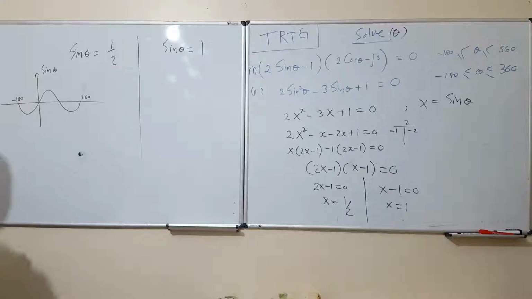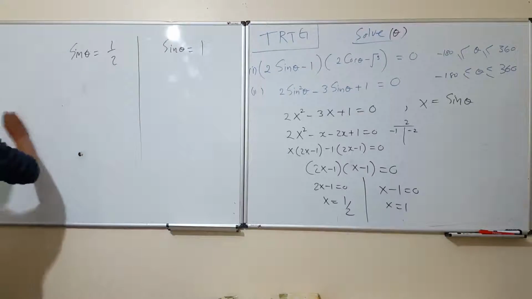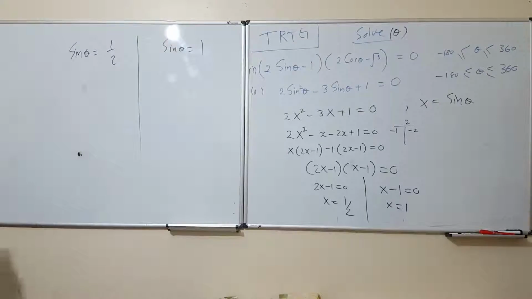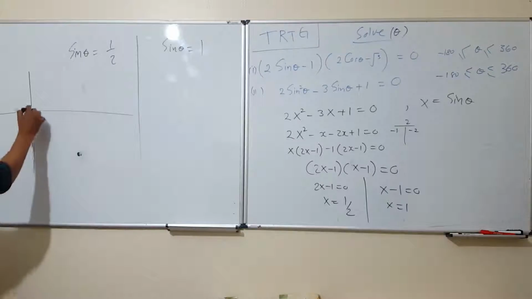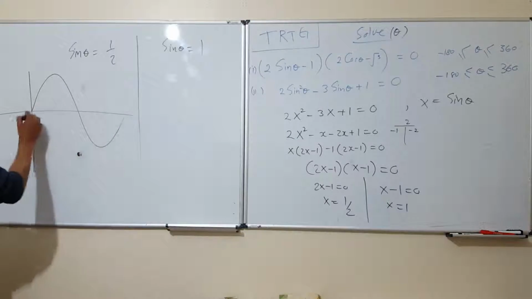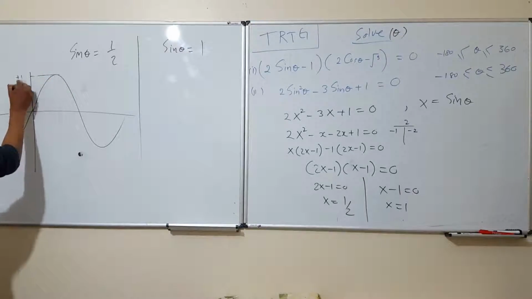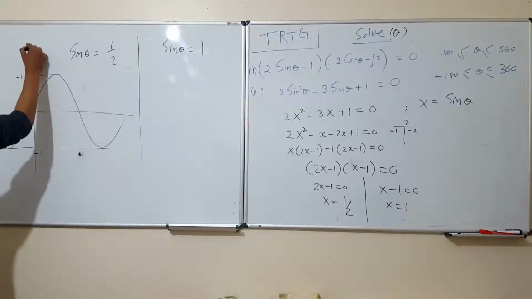Let me draw it a bit bigger probably, a slightly bigger version of it. You guys can see better. So there you go. So that's basically plus 1, the maximum value of sine, minimum value of sine, negative 1, and that is the sine theta.